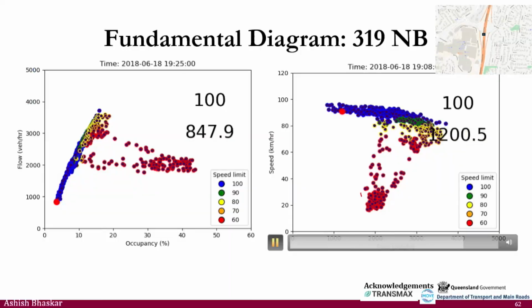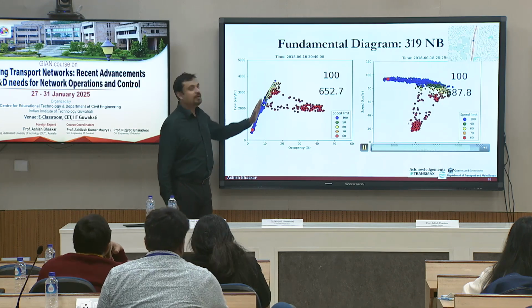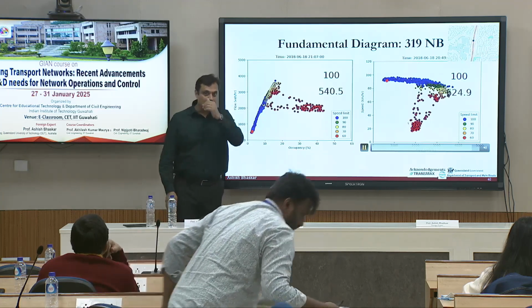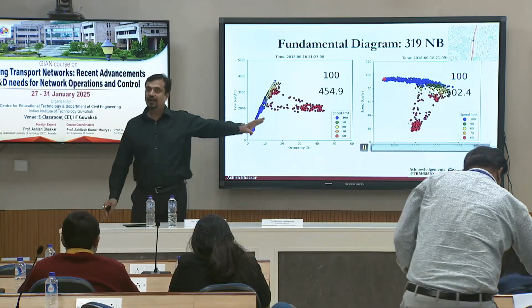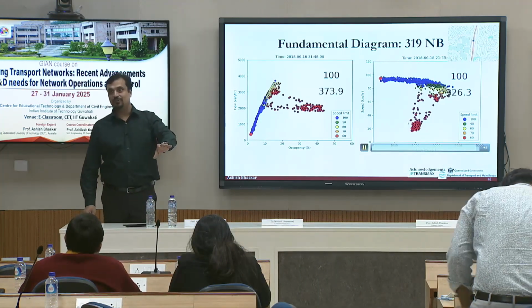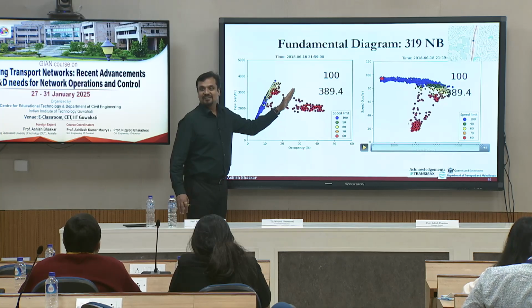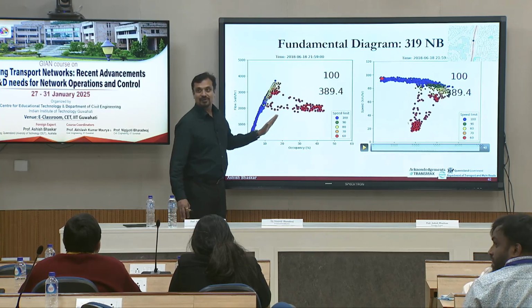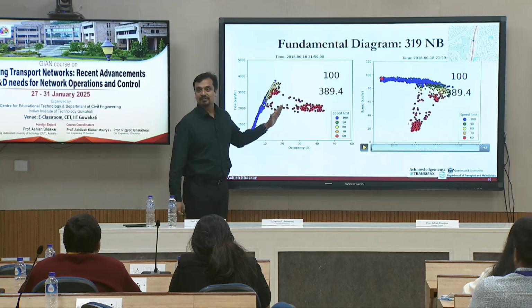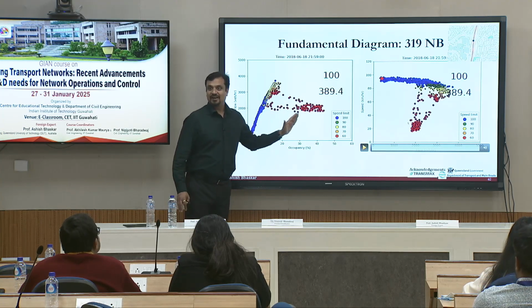If the speed limit has changed, then you will have a different diagram for the speed limit, right? In fact, in this section the previous speed was 100. But if the section was a work zone for long, and you've already reduced the speed to 60, for example, the diagram will be at a slope of 60 then. So the speed limit will change the way the plot looks.